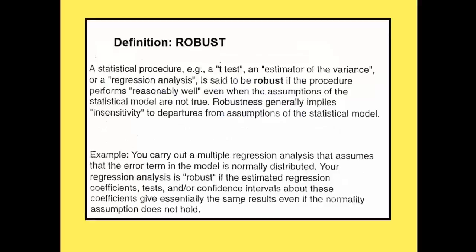Now, when we talk about a robust test, I just want to get the idea of robustness. You remember when we talked about using a t-test or an estimator of variance in a regression analysis, it is said to be robust if the procedure performs reasonably well, even when the assumptions about the statistical model are not true. When you say a measure or an estimate is robust, you're saying that it works even if my assumption is not true.